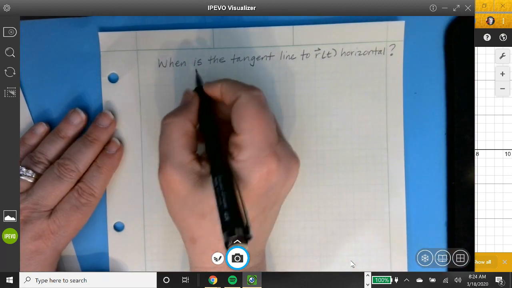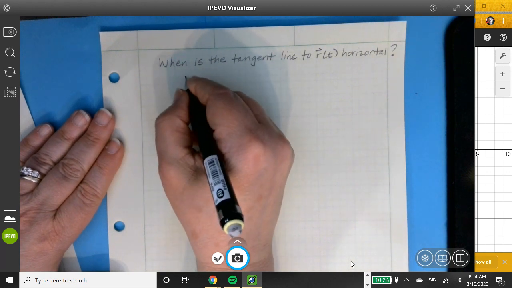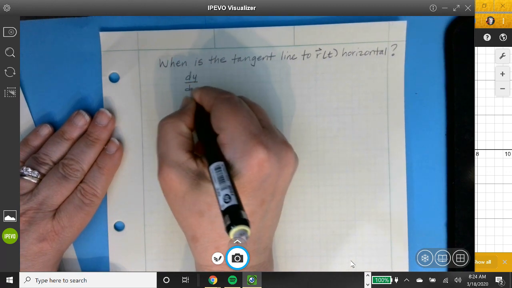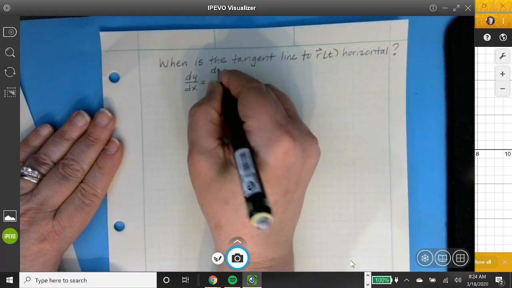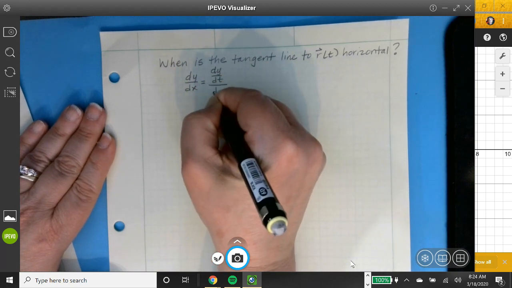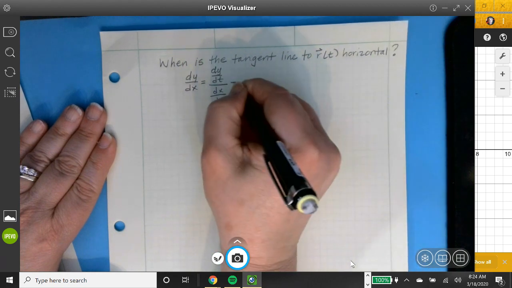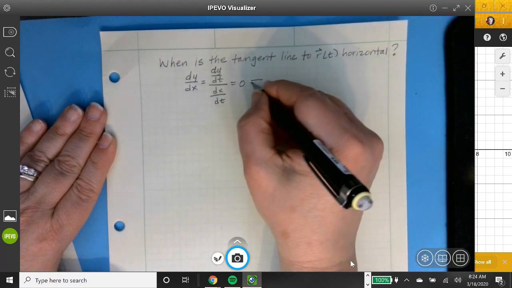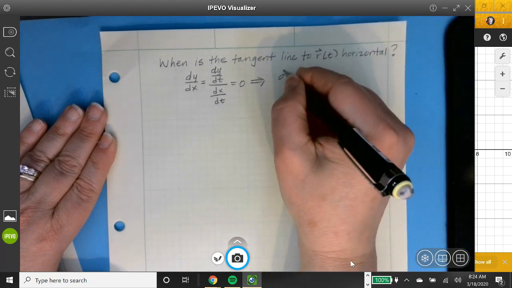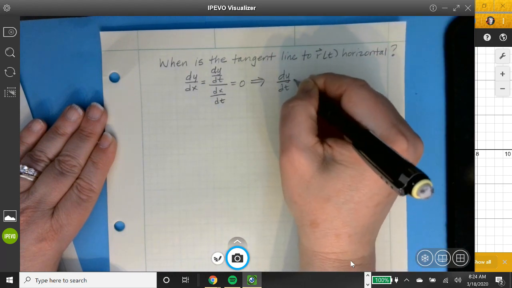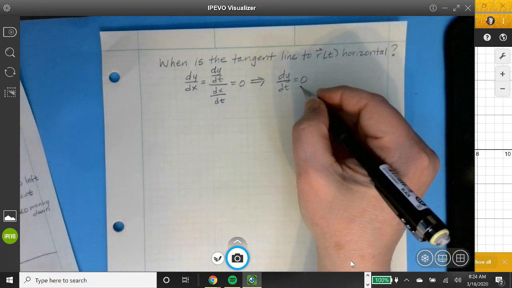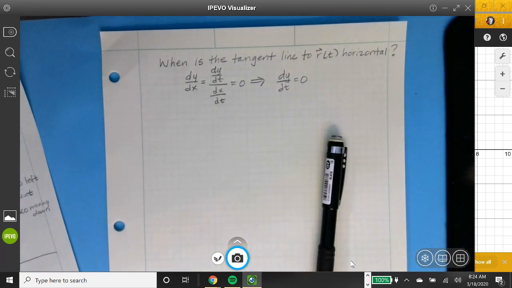Well, when do we have a horizontal tangent line? That's when dy/dx is equal to 0, but dy/dx is dy/dt over dx/dt, as I just mentioned. And this is going to equal 0 when the numerator is equal to 0. So horizontal tangent lines occur when dy/dt is equal to 0, which is just the y component of the velocity vector. So when the y component of the velocity vector is 0, then we're either at a high or a low spot on our path.